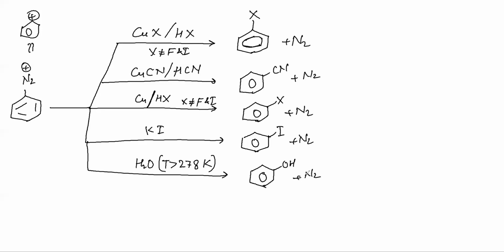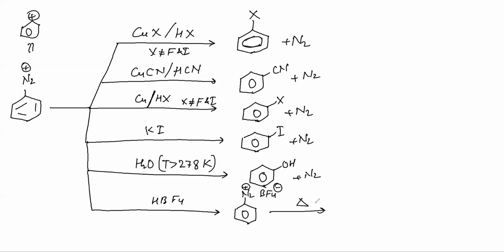All right. Now, this reaction we have already seen. If we treat it with HBF4, at first we get something like this, N2 plus BF4 minus. When we heat it, we get fluorobenzene plus N2 plus BF3.